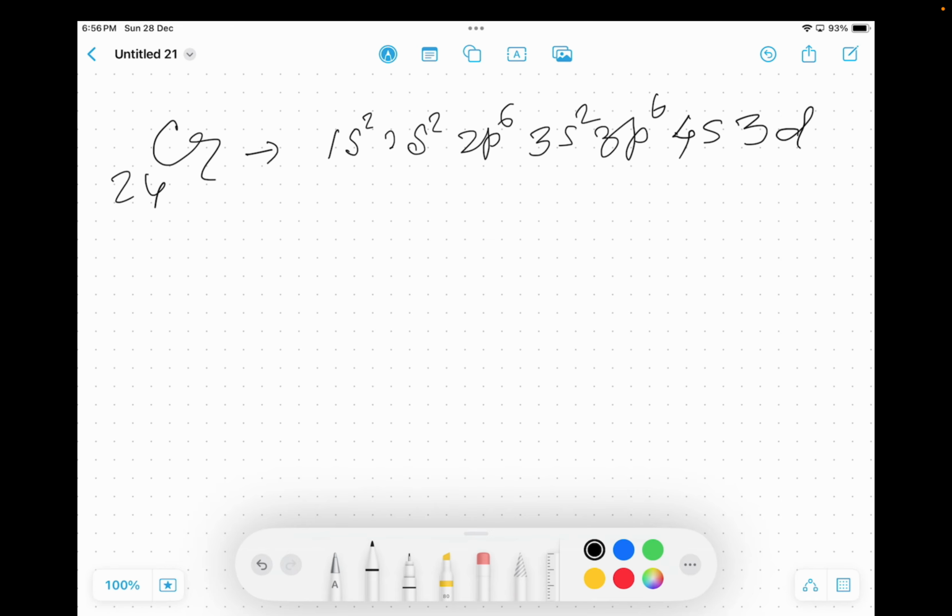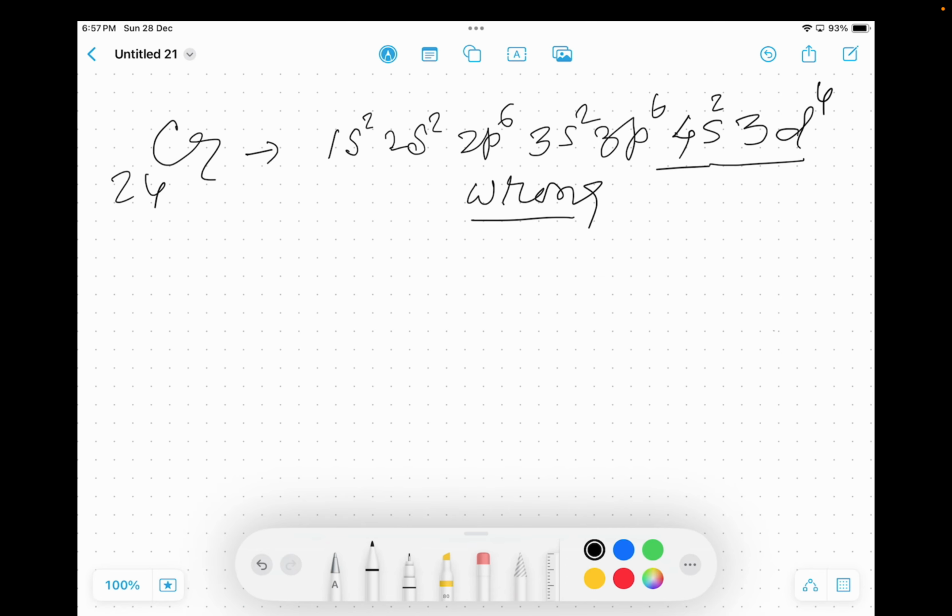Now the total electrons are 18, then with 4s2 it is 20, and the remaining 4 should be in 3d. We have not made any mistake in writing this electronic configuration by principle, but it is observed that this is not correct.